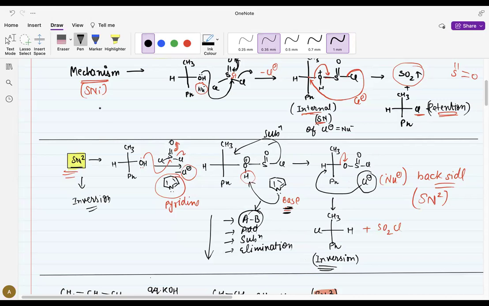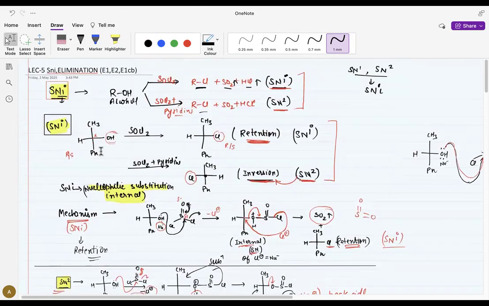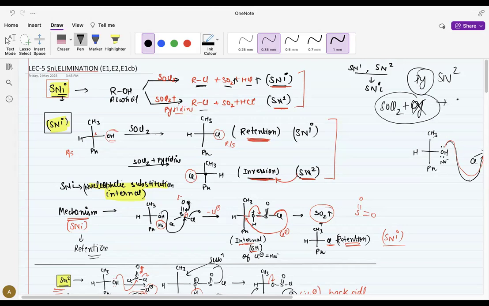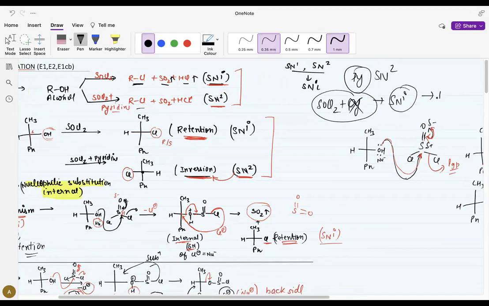और SNi में हमारे पास रिटेंशन होता है, रिटेंशन, है ना. ये दो एग्जांपल्स हैं SNi और SN2 मैकेनिज्म के. सो where there is SOCl2, बस पिरिडीन, जहां पर भी आपको पिरिडीन दिखेगा आपको याद करना SN2 होगा. अगर पिरिडीन नहीं दिखा, if there was no pyridine with SOCl2, you will always remember SNi.